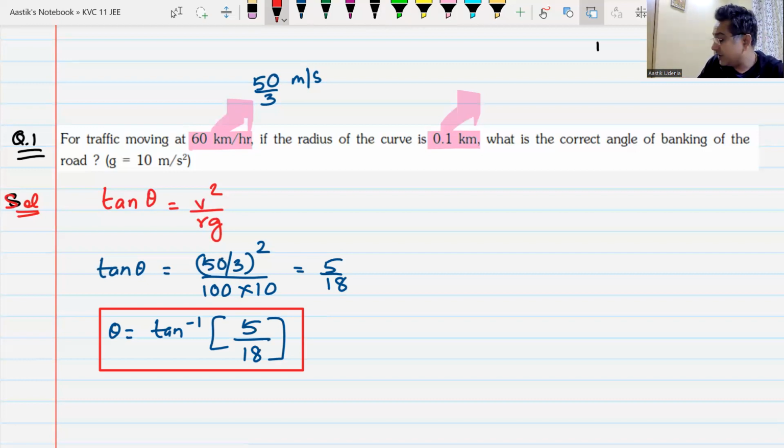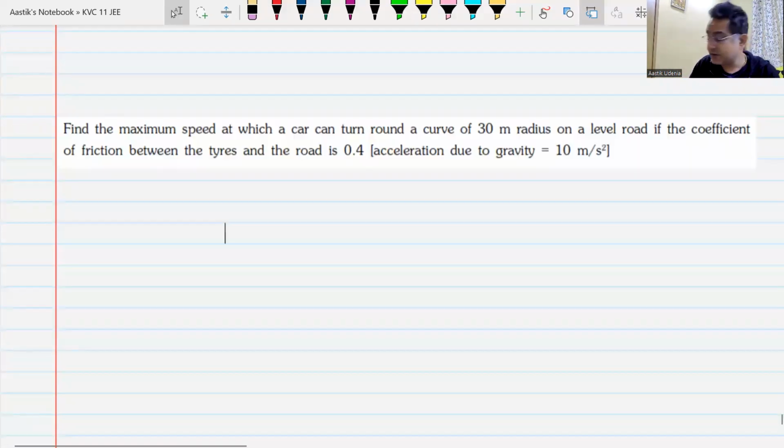Okay, quick, 1 minute, one more question, so that we understand this concept of turning of vehicles on road. Fatafat, give me the answer for this one. Find the maximum speed at which a car can turn around a curve of 30-meter radius.